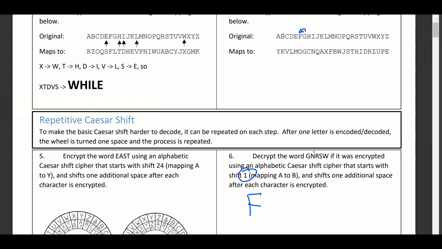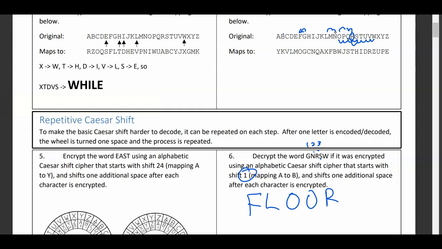So the N would go back 2, L. And the R would go back 3, O. And the S would go back 4, O. And the W would go back 5, R. So you can use the alphabet to decrypt and encrypt when it's a repetitive Caesar shift.